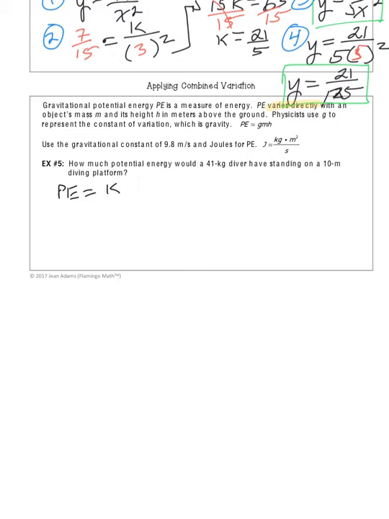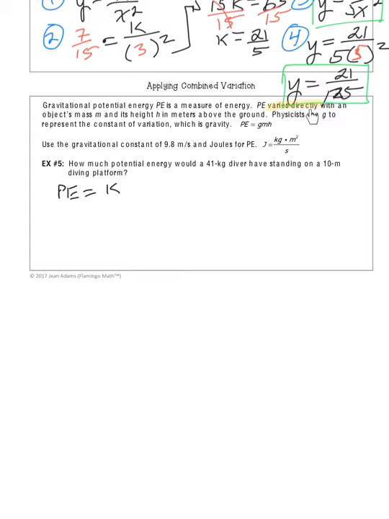And the reason why I say that is because it is varying directly with more than one thing. And actually they've given you the whole thing here because they said the constant of variation is going to be gravity. So they're letting K be G in this sense, and then M times H. So we wrote PE K M times H. They wrote G M H. It doesn't matter. So this is step 1.